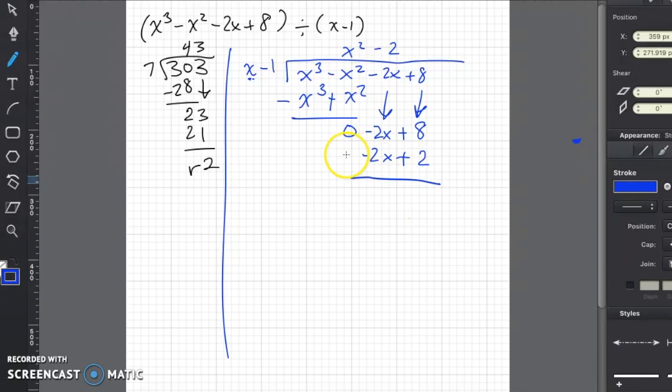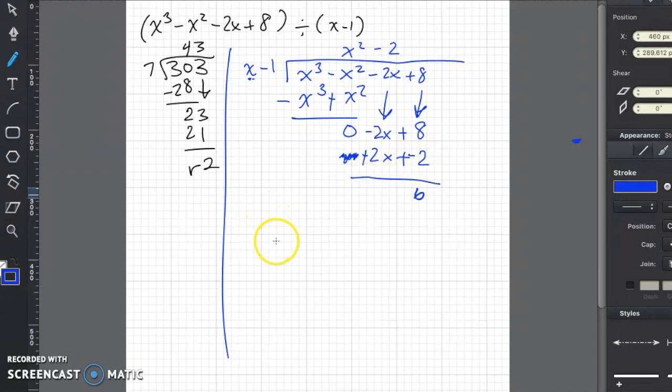If I hit it with a negative, this turns into a positive, this turns into a negative, and I get rid of that guy. Then I have an 8, plus a negative 2, so I get a positive 6. Oh, and then I have a remainder.